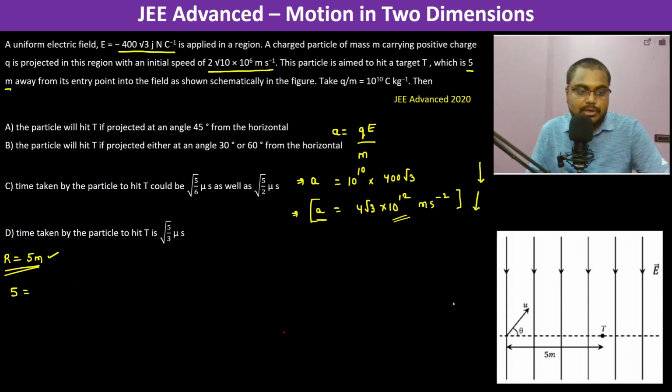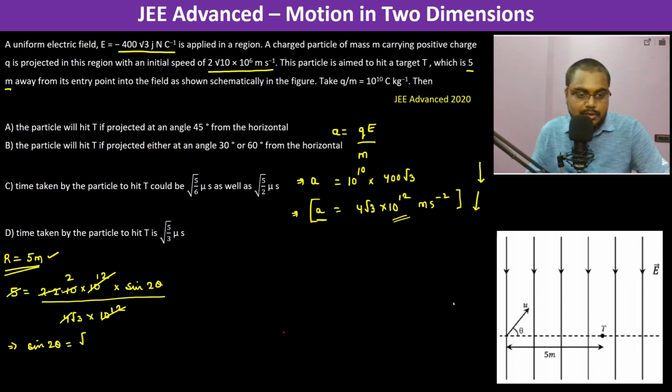So this becomes 2 into 2 into 10 into 10 to the power 12, u square sine 2 theta divided by g. Now g is this 4 root 3 into 10 to the power 12. So 10 to the power 12 is gone, 2 is gone, and this becomes 2. So therefore sine 2 theta becomes root 3 by 2.